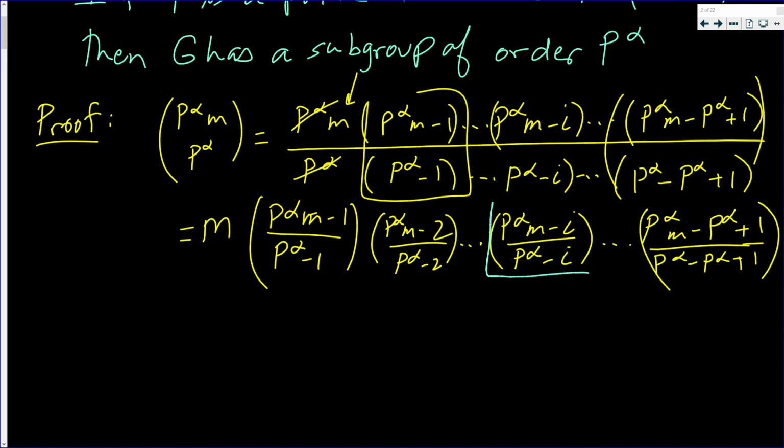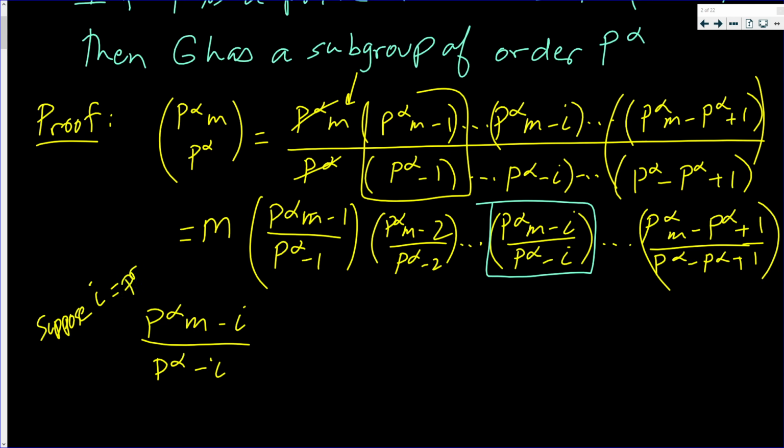Let's look at this one here. p to the alpha m minus i over p to the alpha minus i. Suppose that i is, say, p to the r sub i times l sub i, where p does not divide l sub i.